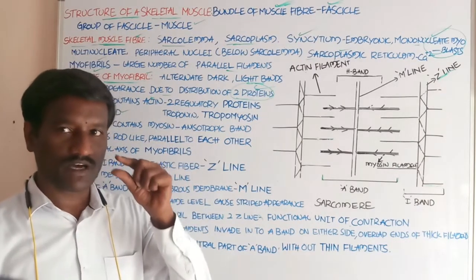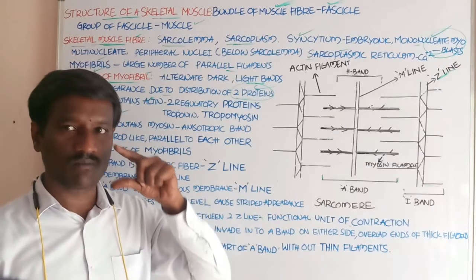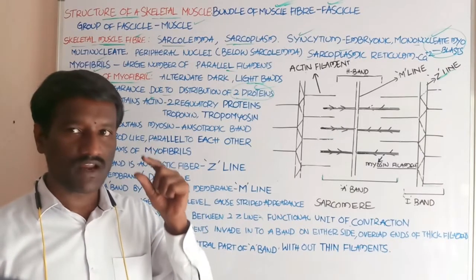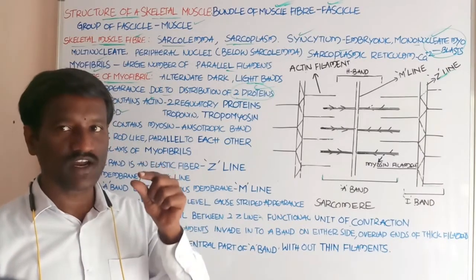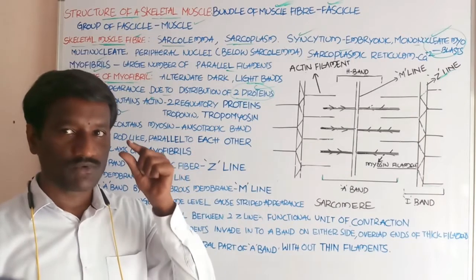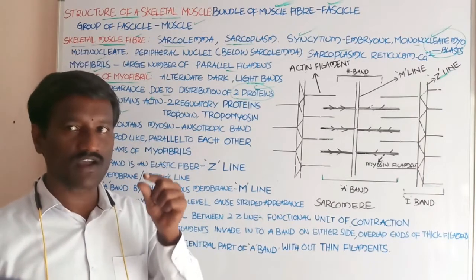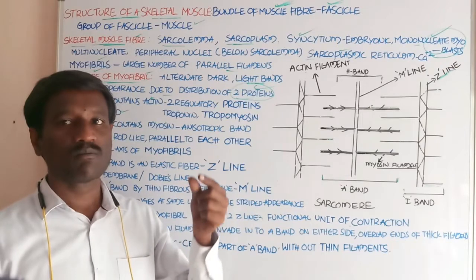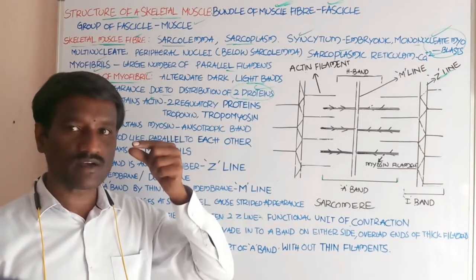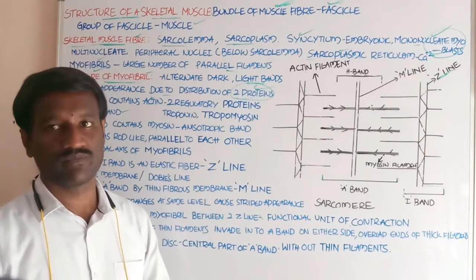Each muscle fiber is formed by the fusion of embryonic mononucleate myoblast cells.